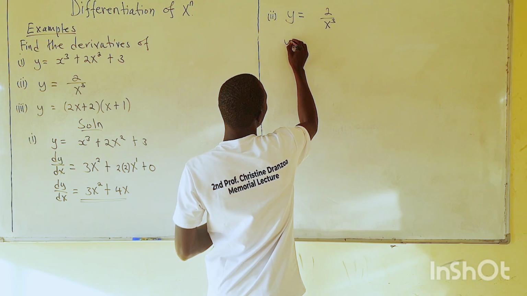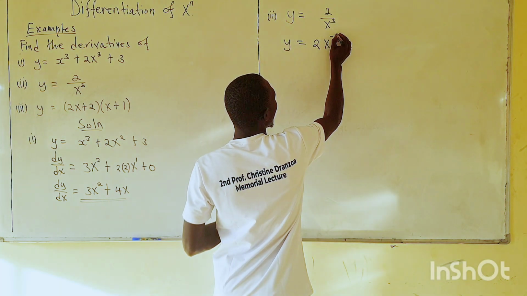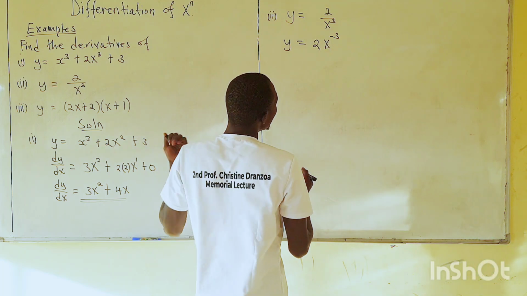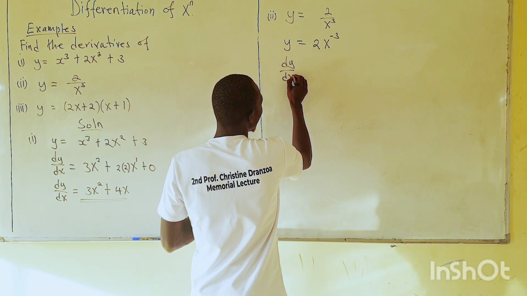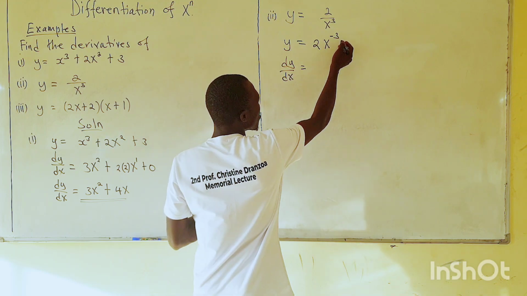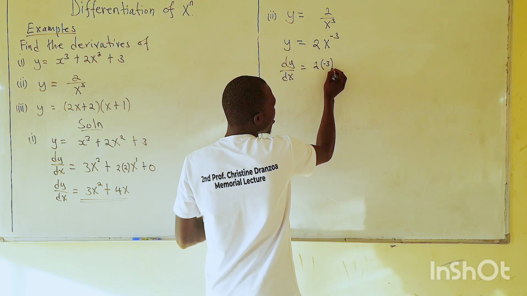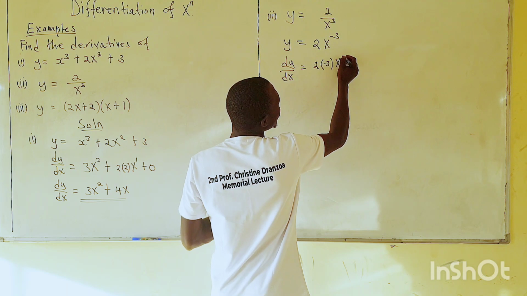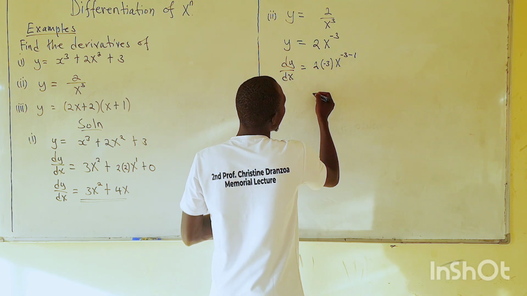So the function becomes y equals 2x to the power negative 3. Using our rule, dy/dx equals: bring the power down, 2 times negative 3, x to the power negative 3 minus 1.